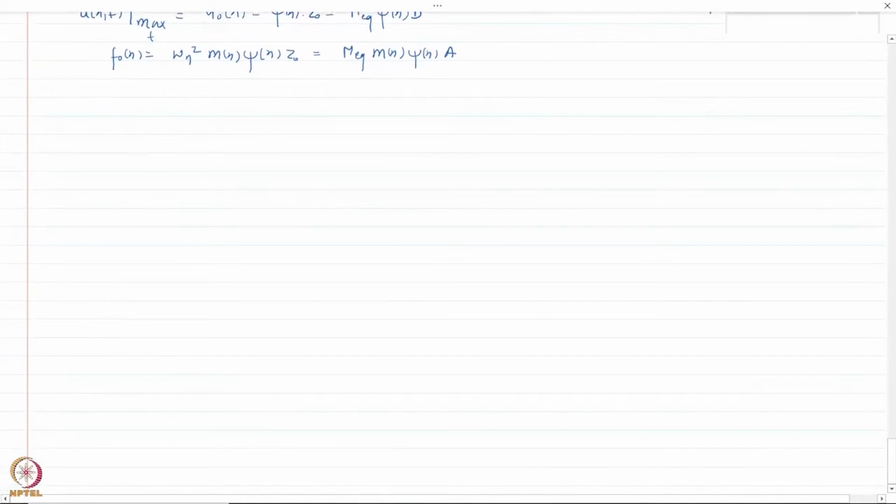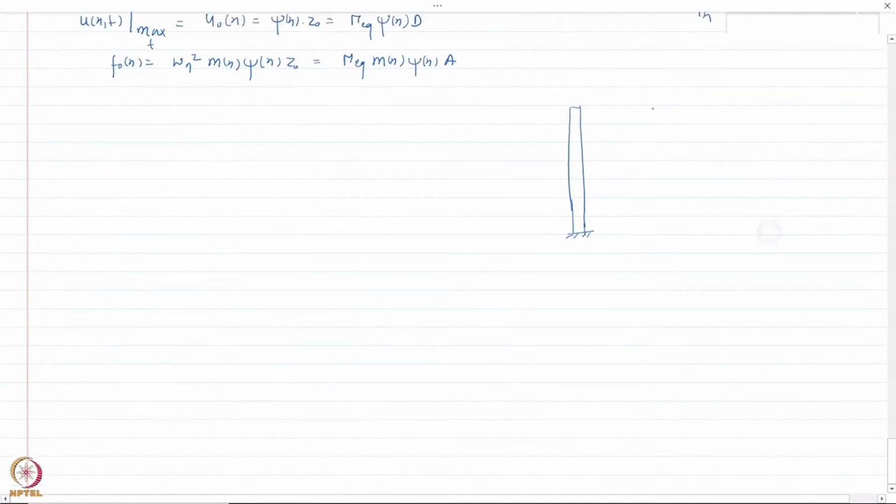So we are going to take the example of the cantilever, the cantilever column that we had considered. In this case, we had said that the inertial forces would look something like this, Fi as a function of x and t.